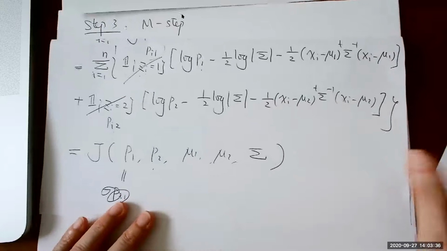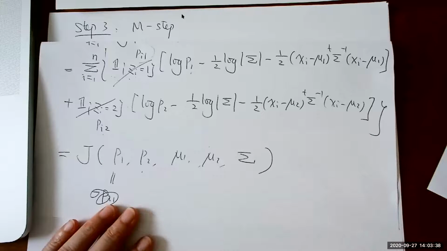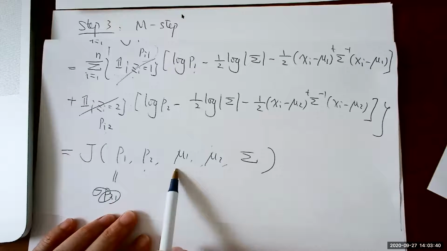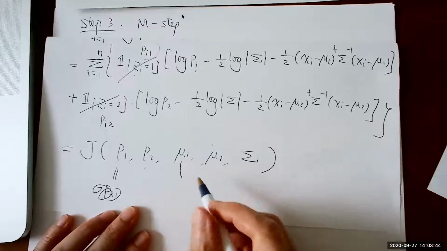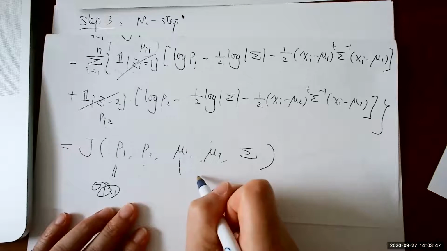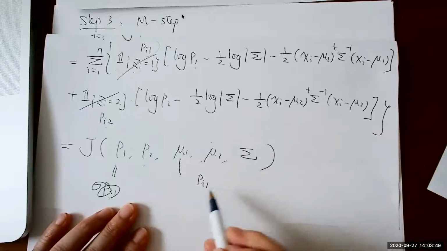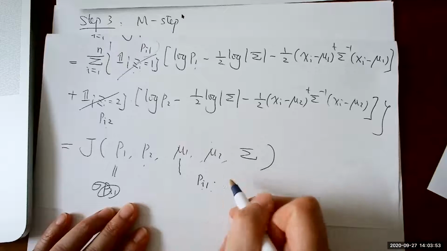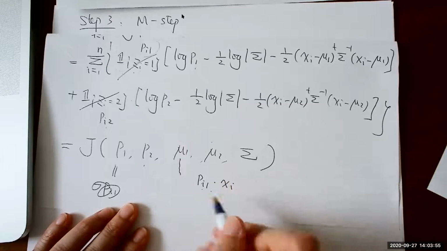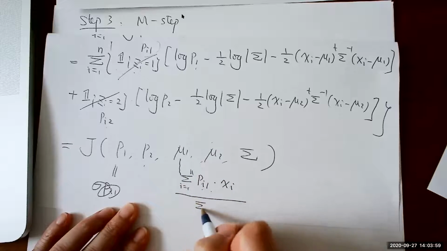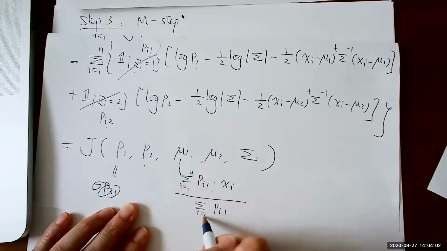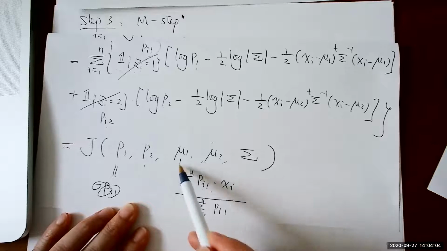So the best guess for mu1 is, for the ith observation, you know your probability in the first component, and you weight xi, sum over all i observations and divide by the weights. This is how you estimate mu1 and mu2.